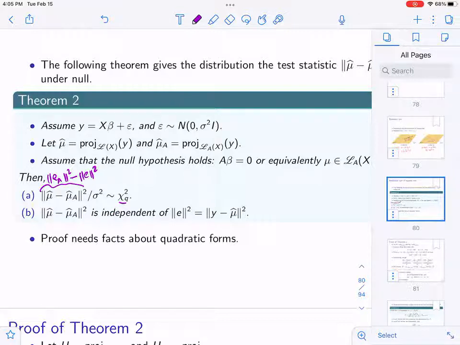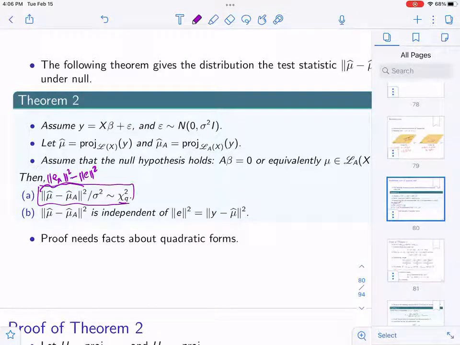Q is the number of constraints, basically. It's a non-trivial result. And fortunately for us, with or without dividing by sigma squared, this quantity is going to be independent of the residual sum of squares for the full model. This result holds under the null, not under the alternative. It's just a basic building block. So now I can determine everything that I want. I have the distribution of this, basically.